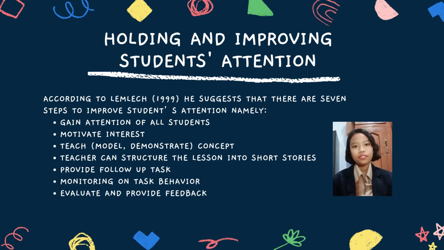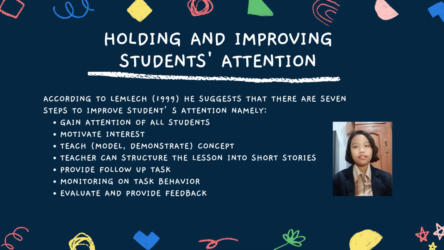And the next is about holding and improving students' attention. According to Lemlech in 1999, he suggests that there are 7 steps to improve students' attention. The first one is to gain the attention of all students and motivate interest, and then teach, like demonstrate the concept, and then the teacher can structure the lesson into short stages, and the next is to provide follow-up tasks, and the next is monitoring task behavior, and the last is to evaluate and provide feedback.